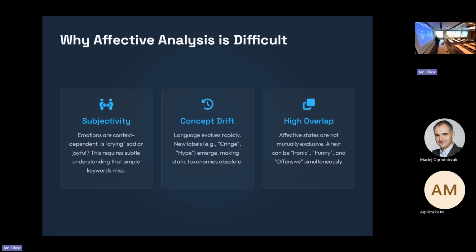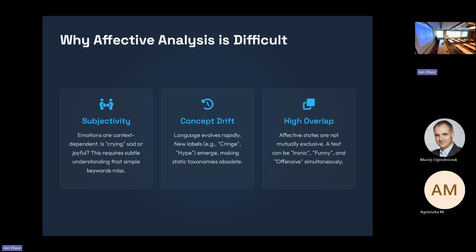If you put some text into it, it analyzes it and classifies which emotions, which affective states it exhibits. And what are the main challenges in affective computing and affective analysis?